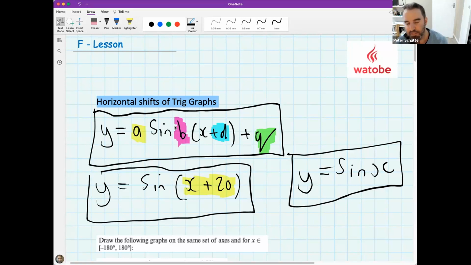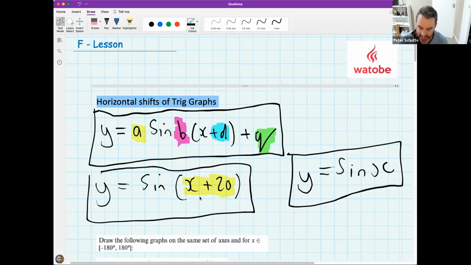Aha. Now, if we think back to earlier functions we did, like the straight line and the parabola, do any of you remember me saying that the horizontal shift always seems to move in the opposite way to what it seems?